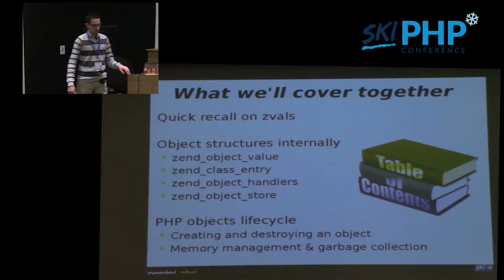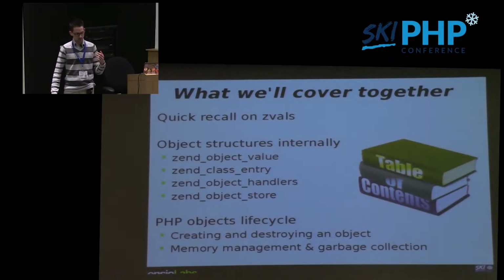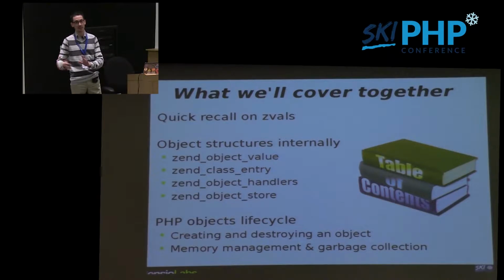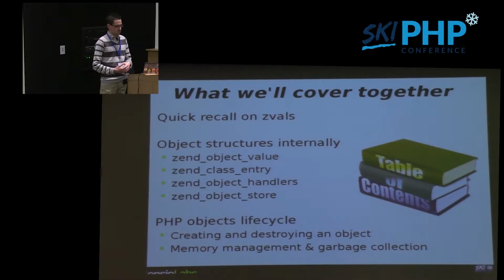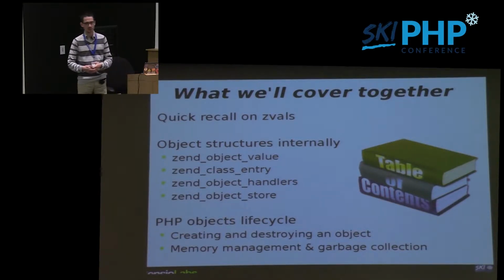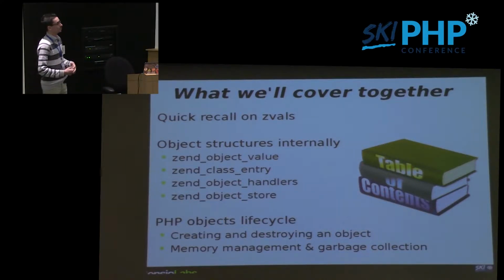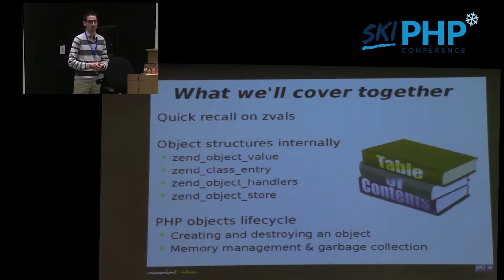So what we'll cover together is a quick recall on how PHP manages variables. Then we'll dive quickly into objects and object structures. There are some C code lines, because PHP has been written in C, so I guess you have knowledge about this.